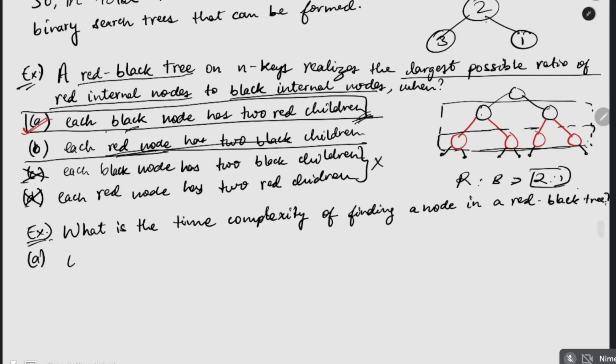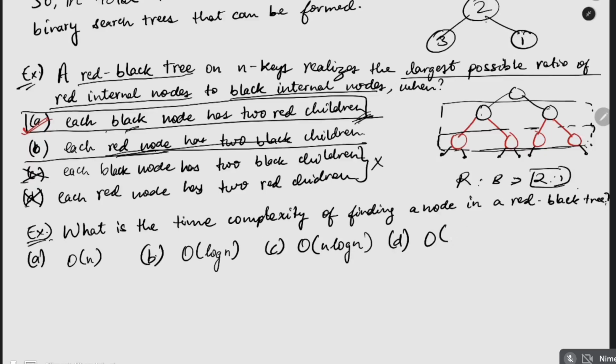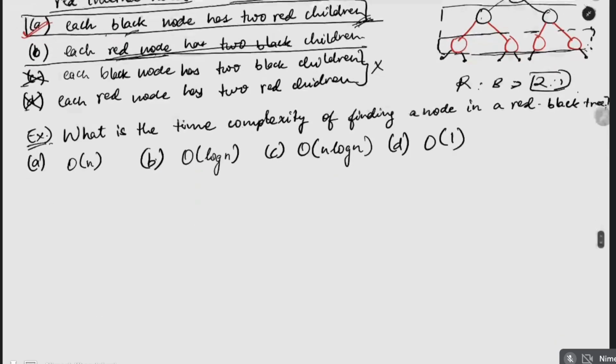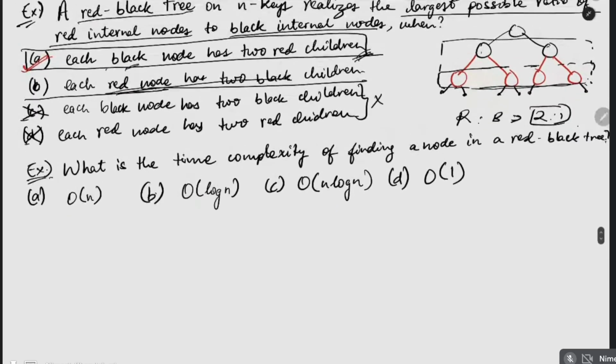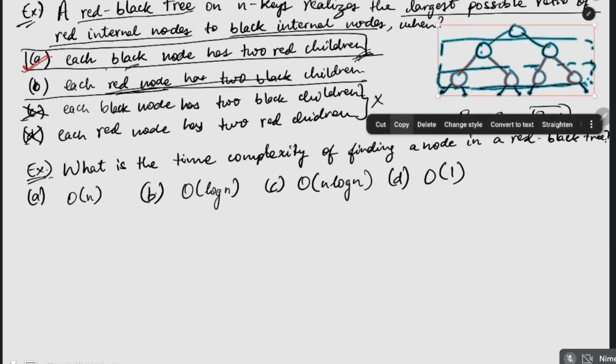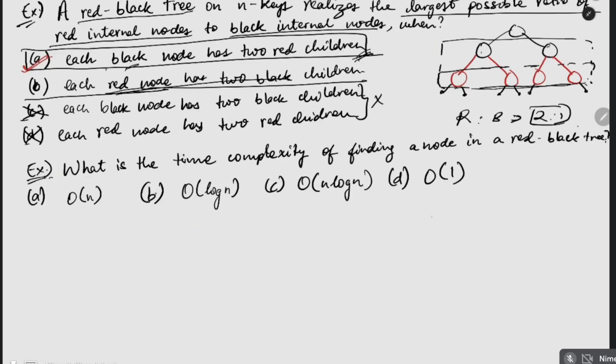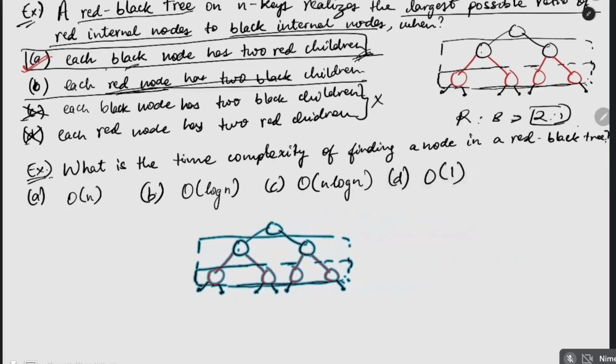Is it linear, or is it logarithmic? Is it n log n, or is it constant? So let's consider this red black tree.